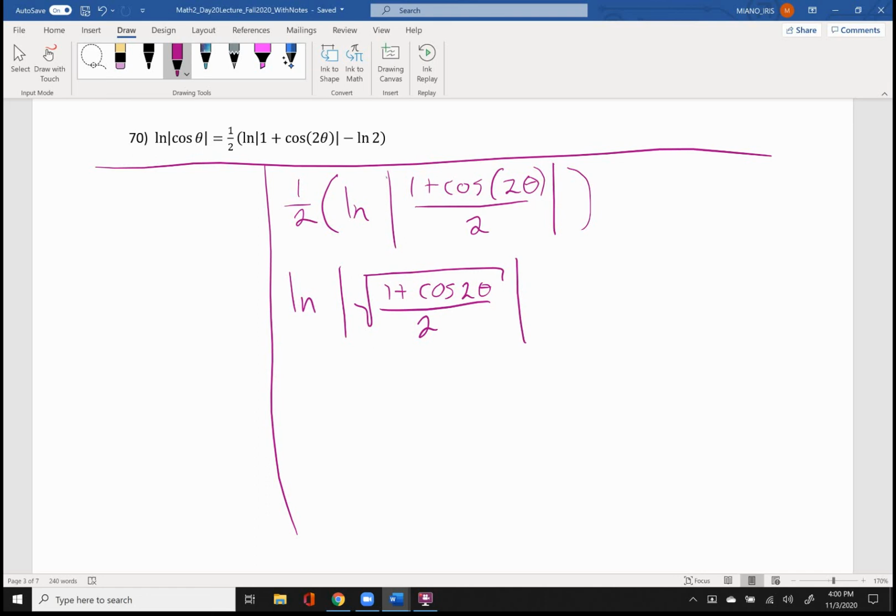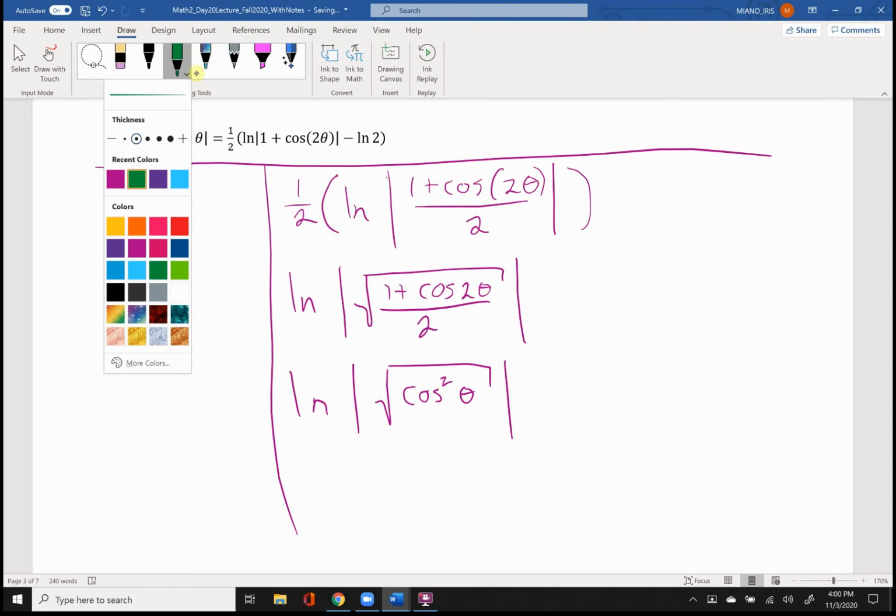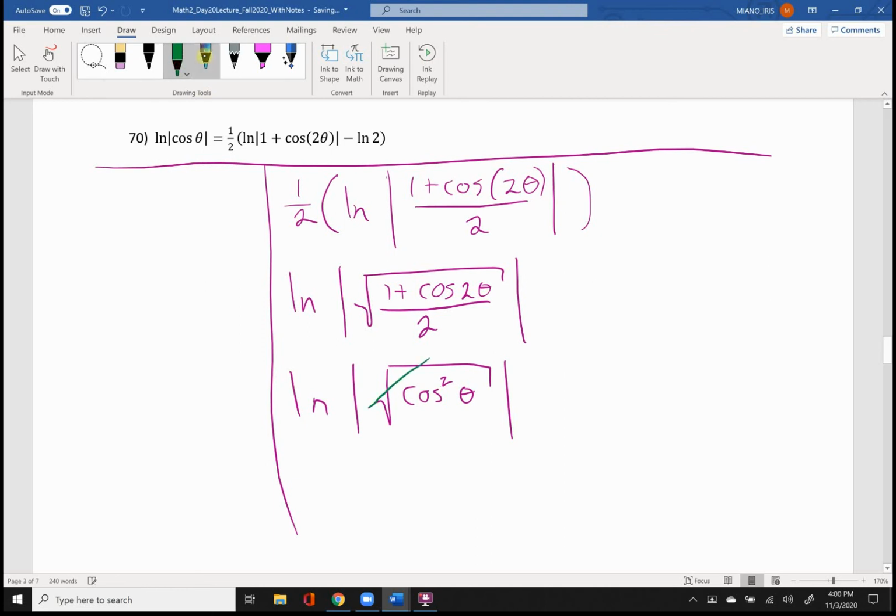So the entire radicand is cosine squared theta. What happens when a square root and a squaring get together? Well, they cancel each other out. Watch this. Boom, boom. So fun.